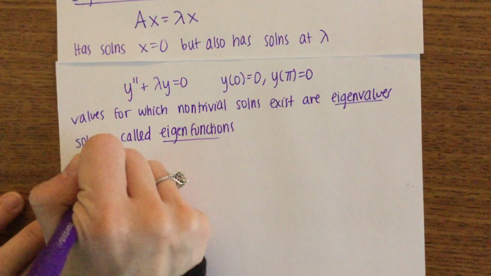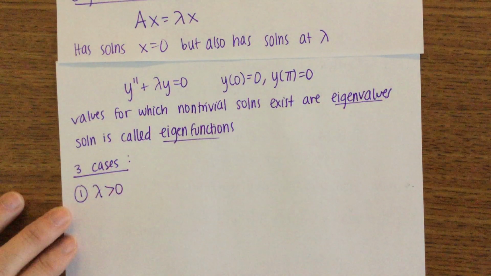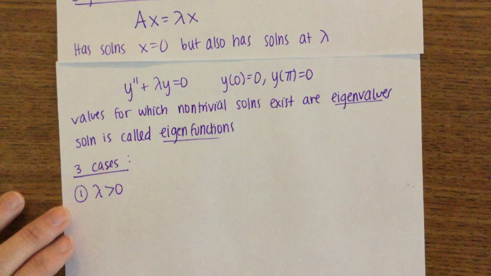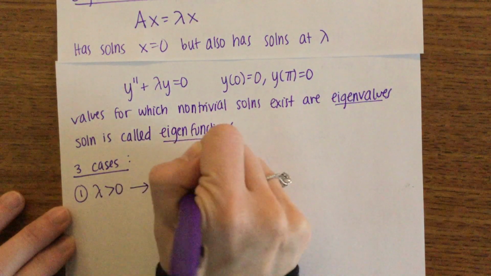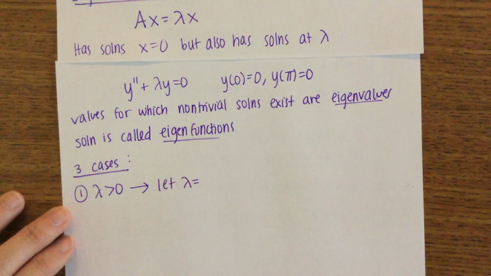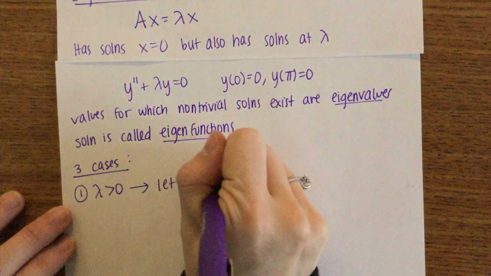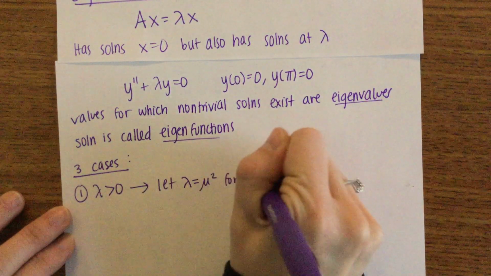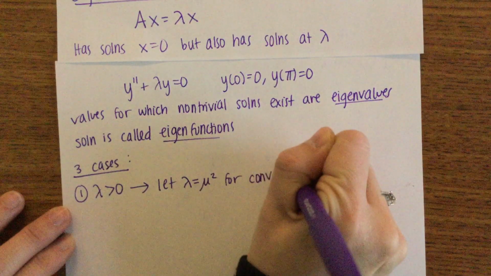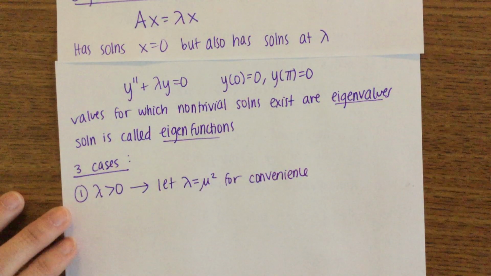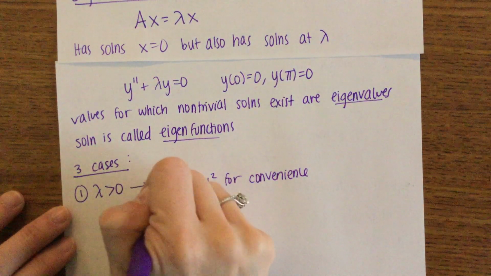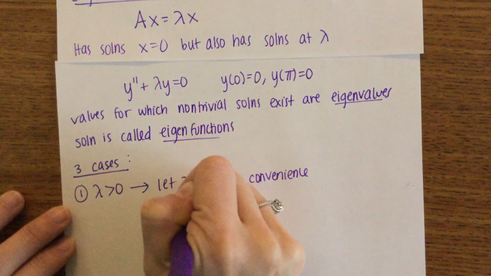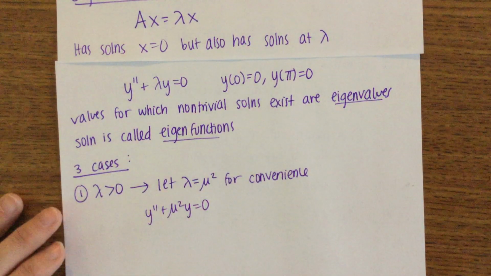First case being that the eigenvalue is positive. In which case, what we're going to do is we are going to let lambda equal mu squared, just for convenience in solving. Because what we get then is y double prime add mu squared times y equals 0.